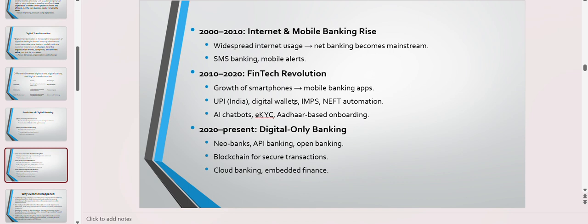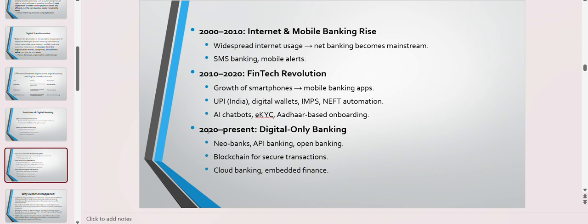Then digital wallets, IMPS, NEFT, automation, AI chatbots, eKYC, Aadhaar-based onboarding. Like I opened a Jupiter account now, and there was the eKYC option. So instead of visiting the branch, I did eKYC in my room only.